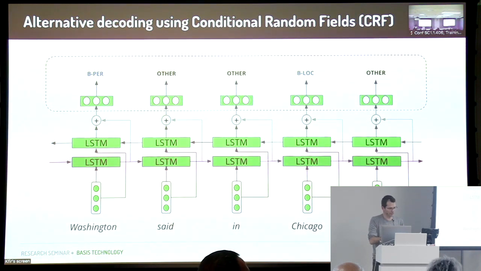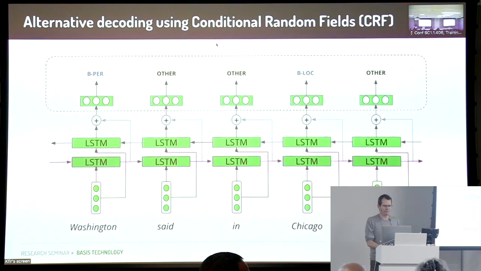In order to enforce those rules, we use a different decoding technique. Instead of predicting every label individually, we try to predict the whole sequence together. So we're using CRF, conditional random fields. Basically, it's just HMM, but we call it CRF because it's a much more generic and nice model.